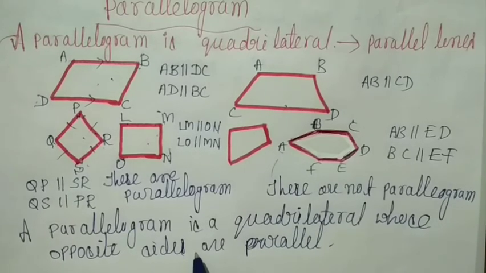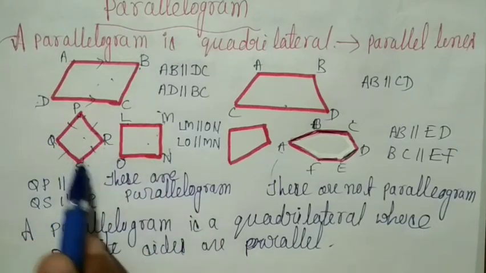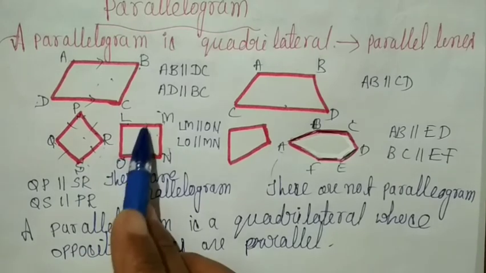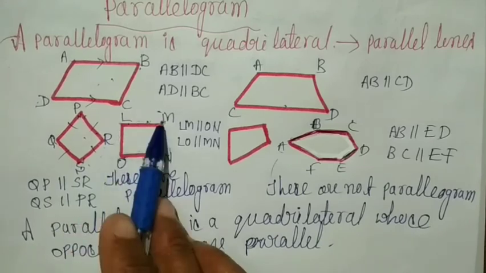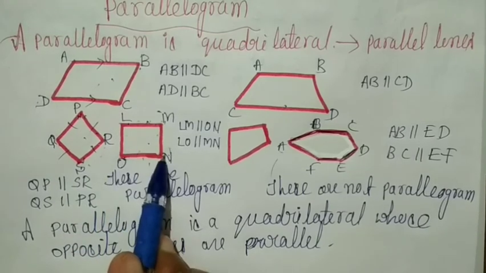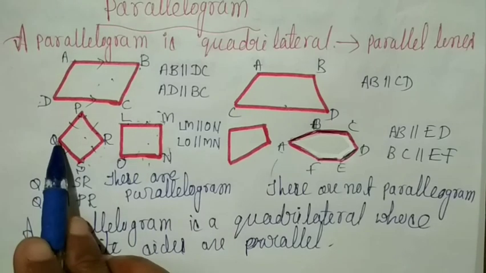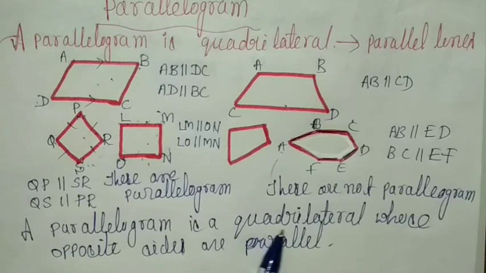Dear students, once again I can tell you, a parallelogram is a quadrilateral whose opposite sides are parallel. Opposite sides means LM parallel to ON, AB parallel to CD, PQ parallel to SR. A parallelogram is a quadrilateral whose opposite sides are parallel.